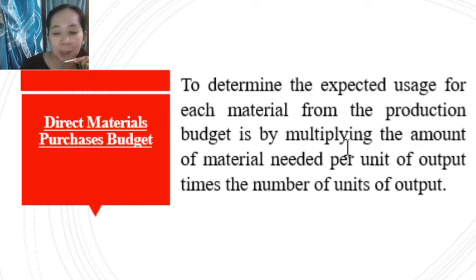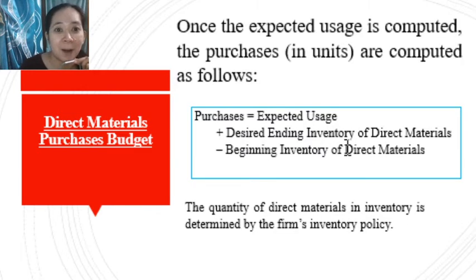To understand better, we have here the formula. Once the expected usage is computed, the purchases in terms of number of units are computed as follows. Expected usage is related to the number of units that will be required for production.